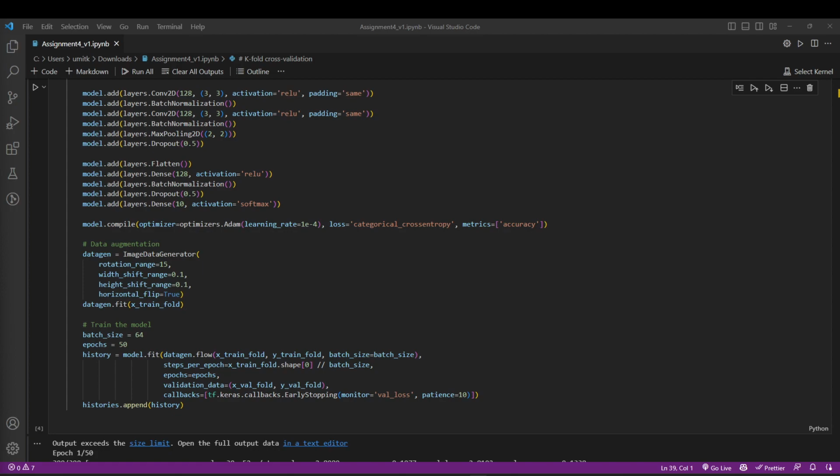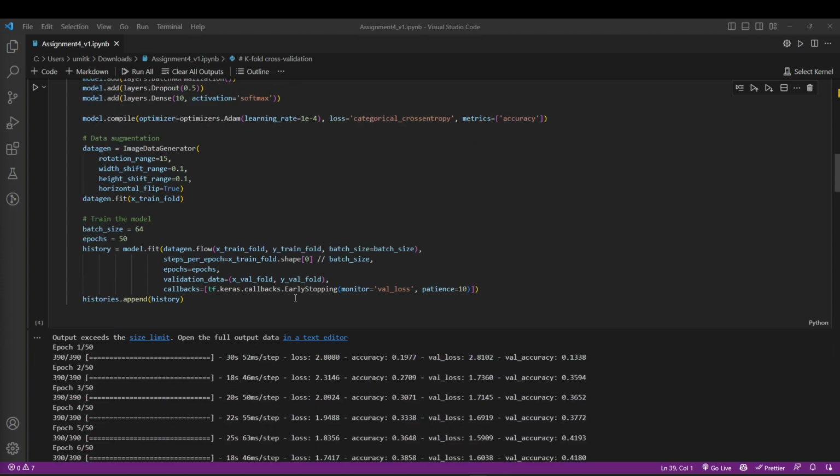And the trained model's history is stored in the histories list. In summary, the code performs twofold cross-validation on a convolutional neural network using the CIFAR-10 dataset. It has data augmentation and early stopping.